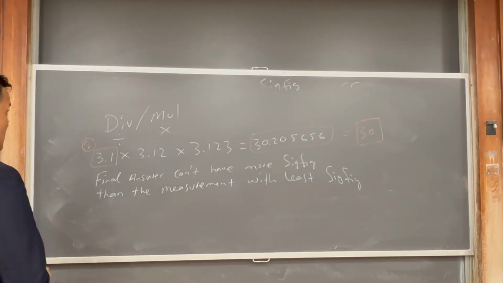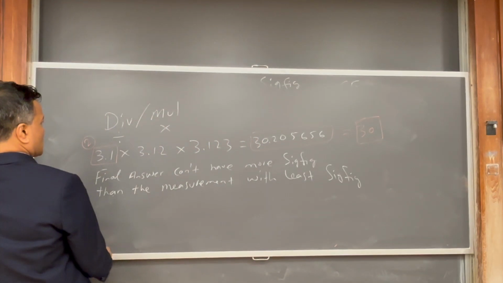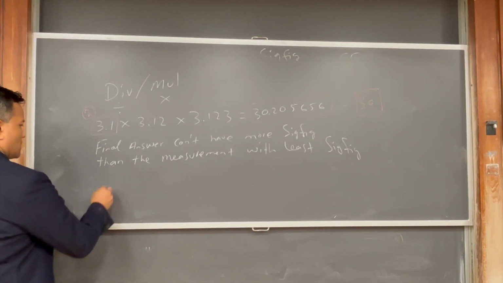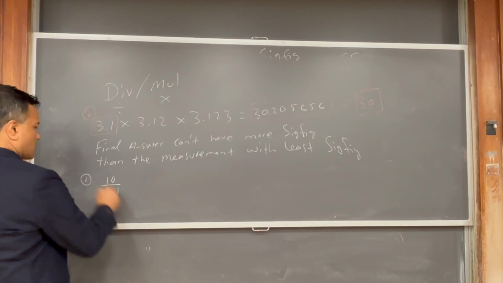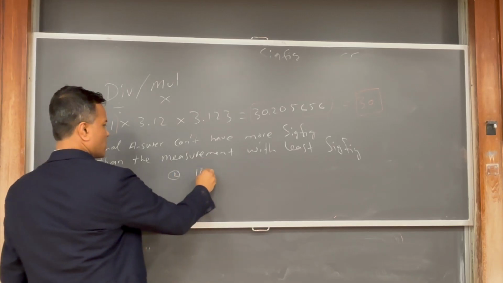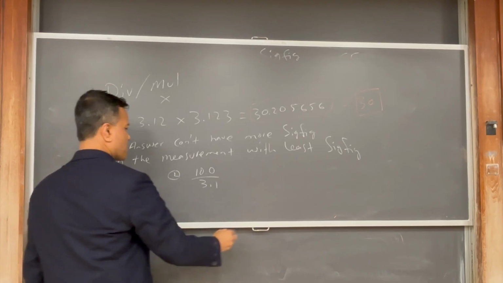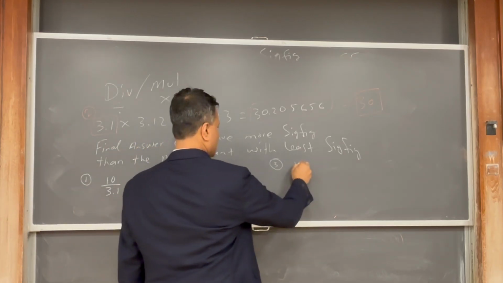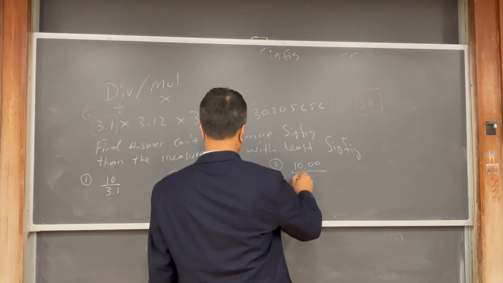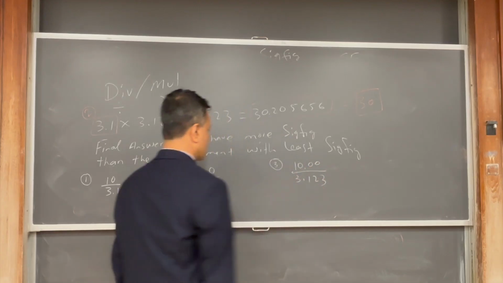All right, let's do division. Number 1, 10 divided by 3.1. Number 2, 10.0 divided by 3.12. Number 3, 10.00 divided by 3.123.